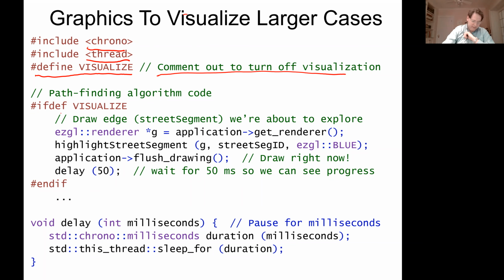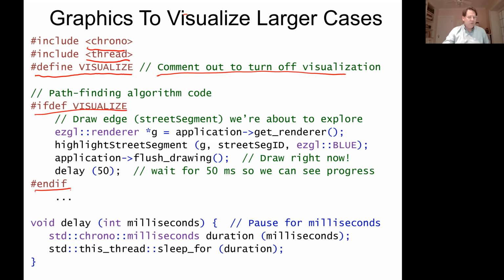Inside this compiler guard, basically, this will be inside the wavefront expansion, the kind of inner loop of my algorithm. So it's getting nodes off the wavefront, and looking at all their outgoing edges or street segments.